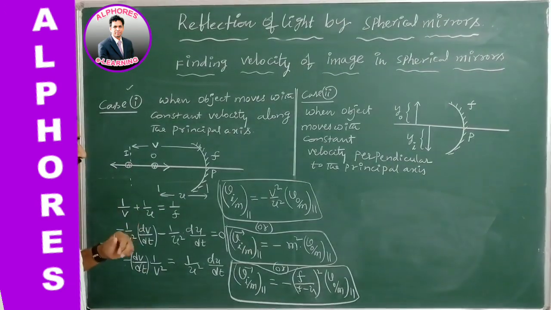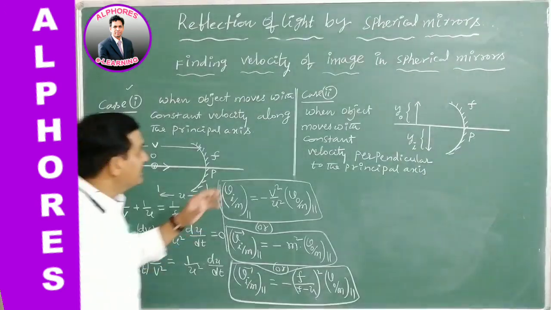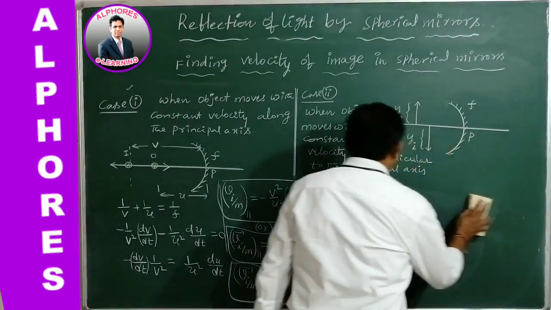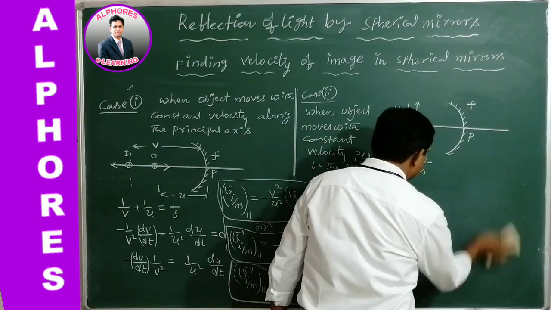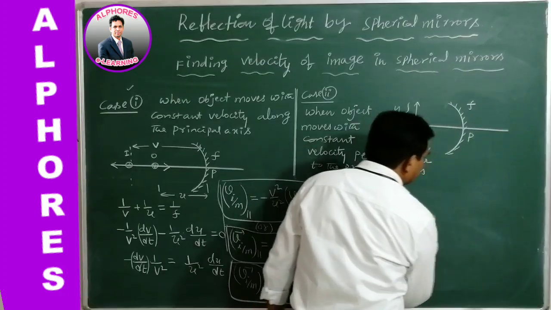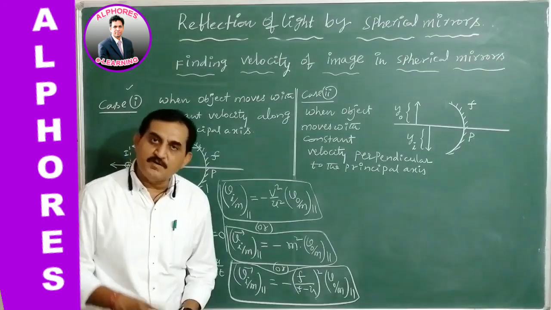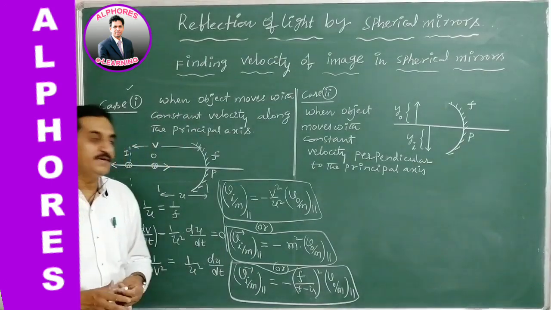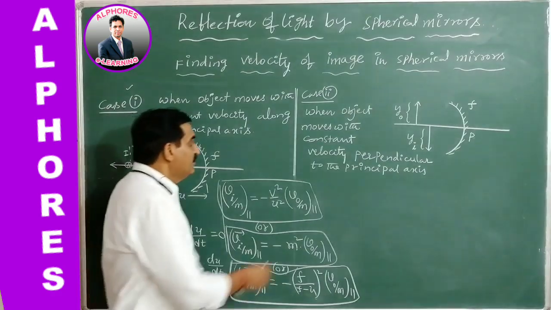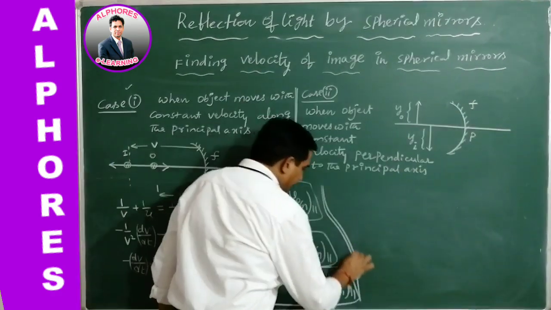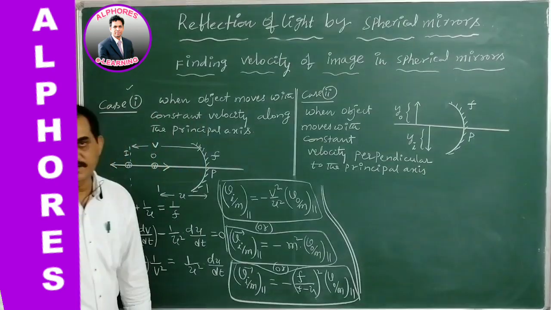So one component of velocity is over, and we go for the second case. The second case is also a very important point. While finding the velocity component in the direction perpendicular to principal axis, we should go for the lateral magnification formula.